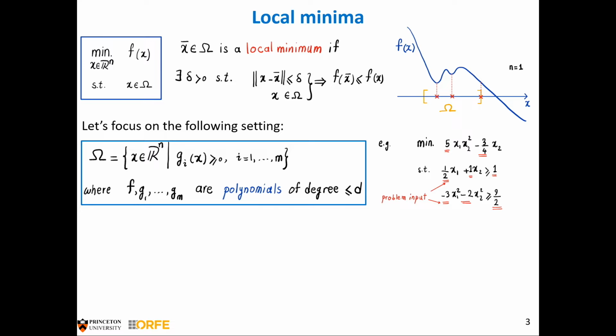So all of the input then is a list of rational numbers. The size of the input is the number of bits I need to write down all these rational numbers. And then I can talk about what's the running time of the fastest algorithm, as a function of the size of the input, that can find a local minimum. And I don't care which, if you have multiple local minima, I'll be happy if you return to me any one of them.